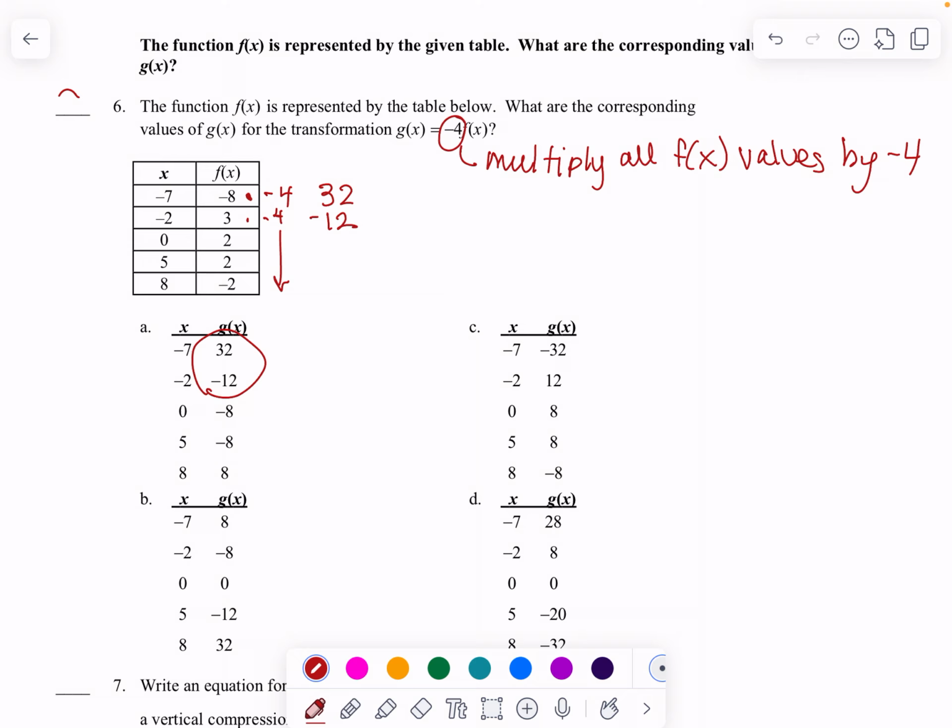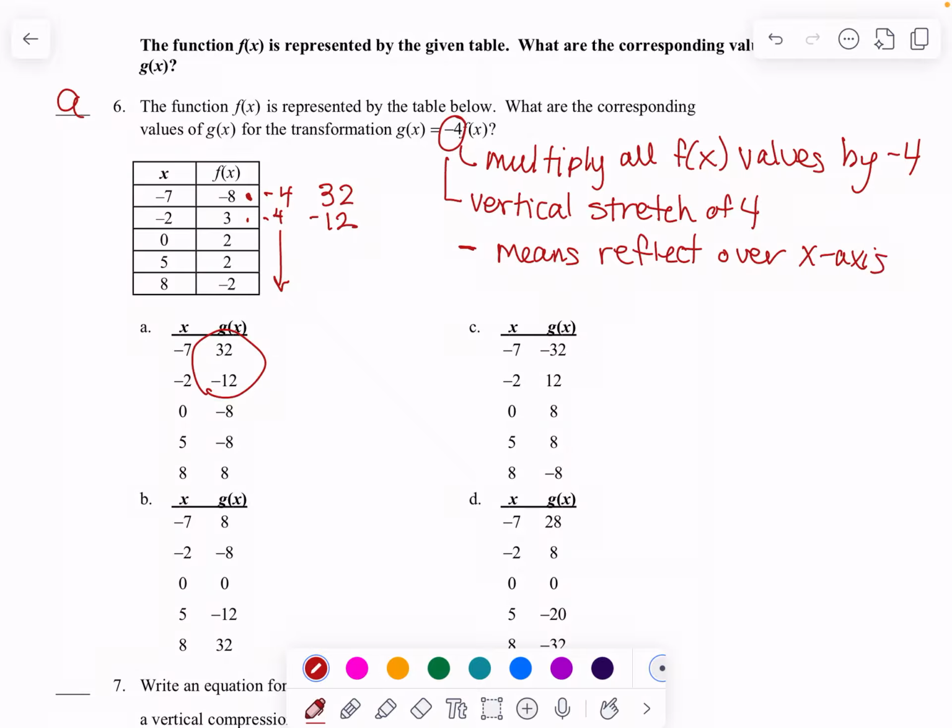And I know that the answer would be A. For the sake of notes, this is a vertical stretch of 4, and the negative means it's going to reflect over the x-axis.